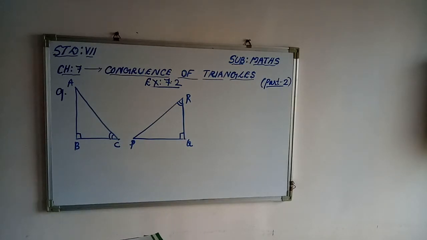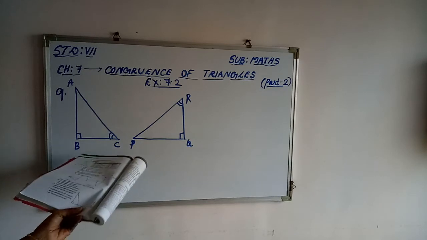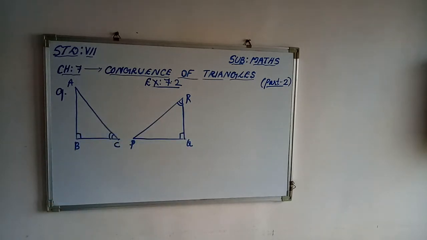It is given in the question that angle ABC and angle PQR are equal, 90 degrees, it is marked. Then angle BCA and angle QRP, it is also marked as equal. So the question is, one more additional pair of corresponding parts is required to be congruent, and what is that part and which criterion did you use?